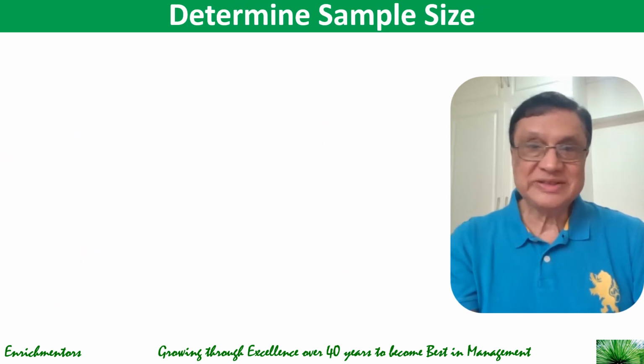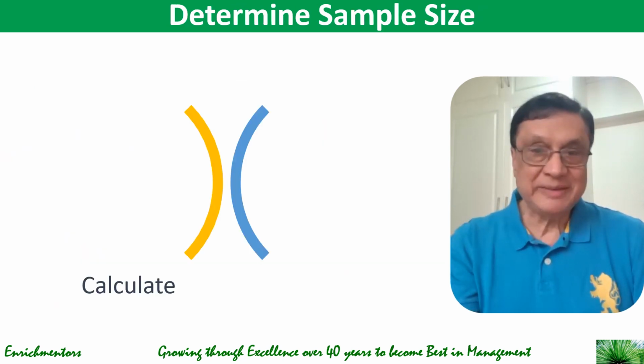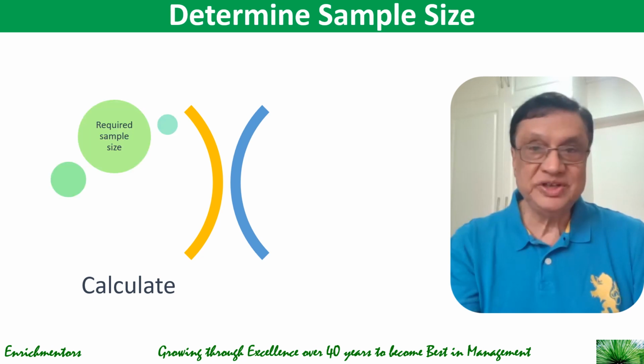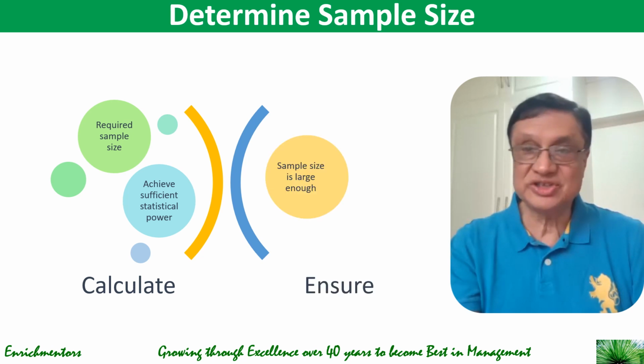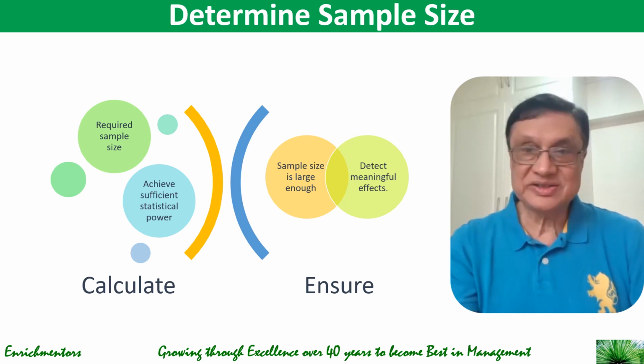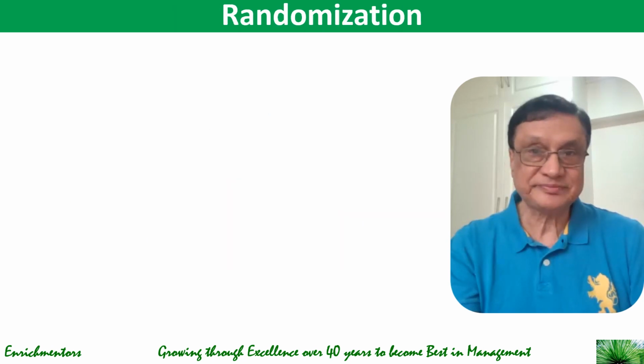Then you determine the sample size. Calculate the required sample size to achieve sufficient statistical power to ensure that your conclusions are statistically valid, and ensure that your sample size is large enough to detect meaningful effects. And there are statistically proven methods by which you can determine these sample sizes.